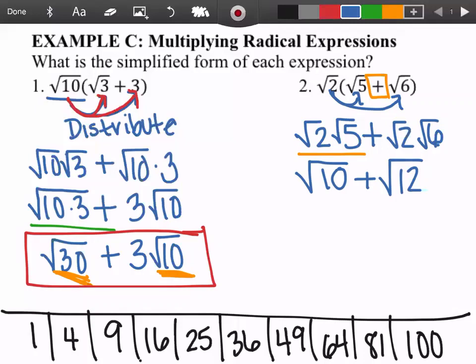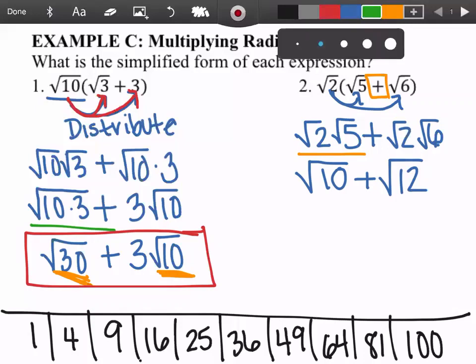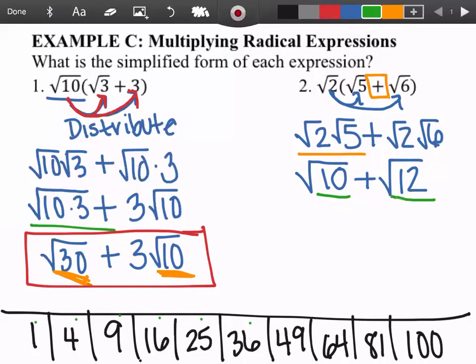So now we have to simplify the square roots if possible. So look at your 10. Are there any numbers down here that divide into 10? 10 divided by 9 doesn't work. 10 divided by 4 doesn't work. 10 divided by 1, that works, but it doesn't get us anywhere. So now look at the 12. 12 divided by 4 works.